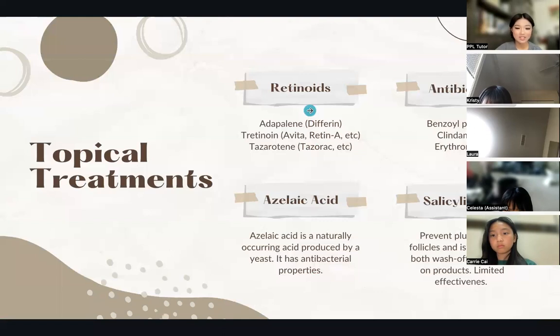I would recommend Differin definitely if you have mild to moderate acne. I think tretinoin, personally speaking, is better for blackheads and whiteheads than it is for our inflammation-driven acne, like pustules and papules. I haven't actually used tazarotene, but I've heard some great things.